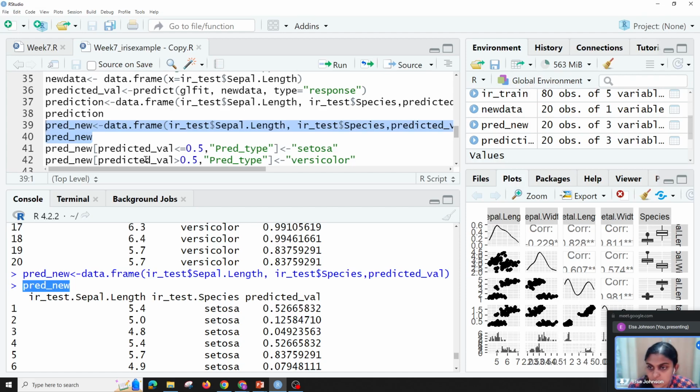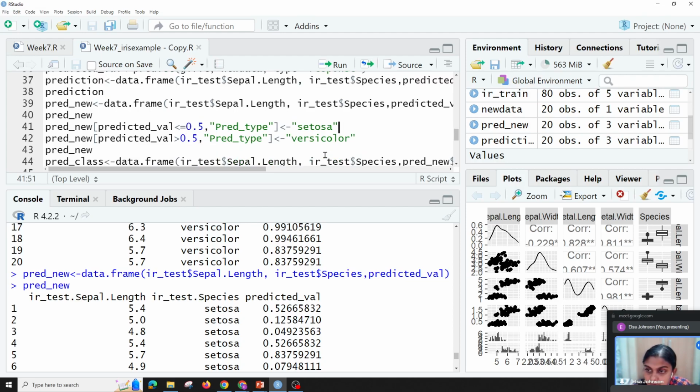In this pred new, wherever the predicted value, which has the probabilities, is less than or equal to 0.5, I am giving the pred type as setosa, and wherever the prediction value is greater than 0.5, I am giving it as versicolor. I am doing this because we only have the probabilities here, and we want to find out what the prediction is.